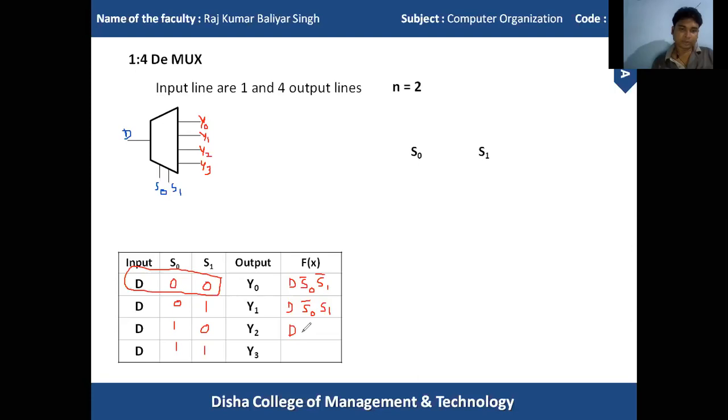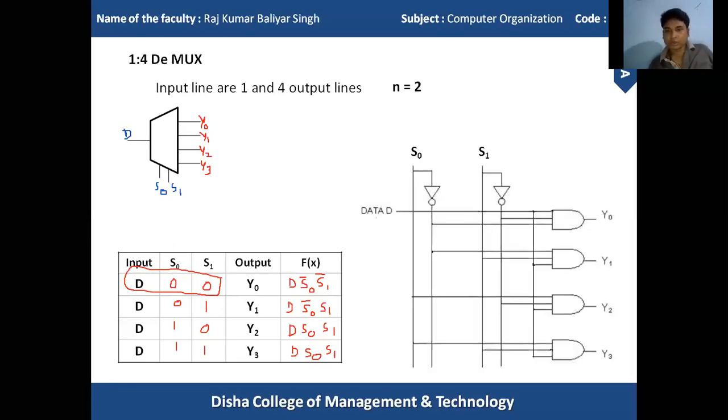Okay, just remember it. S0, S1 naught, and this is D, S0 and S1. Okay, so here I got these functions. According to those functions I can design the logic circuit or logic gate.